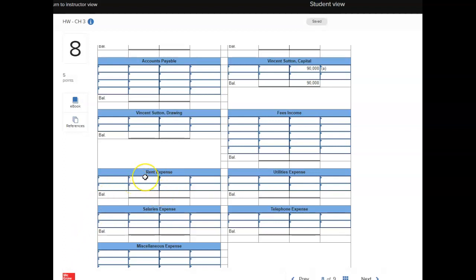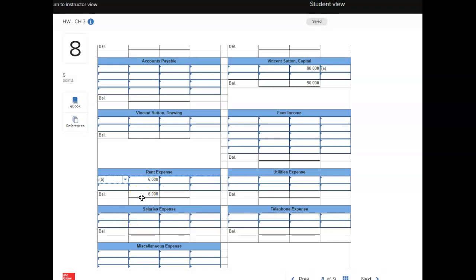Now we have incurred rent expense, so we need to increase the rent expense account balance with a $6,000 debit because like signs add. Be sure to use the drop-down box to indicate that this debit comes from transaction B.